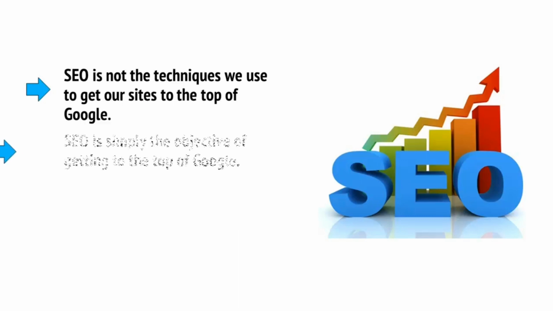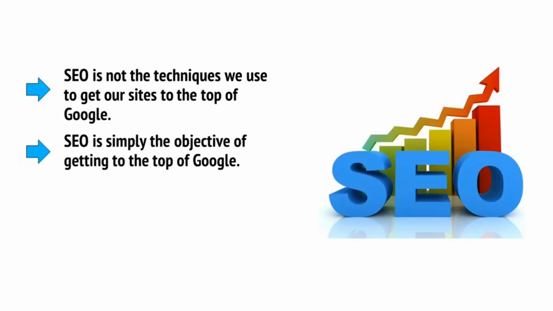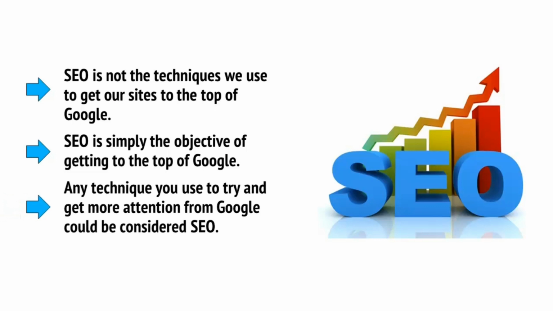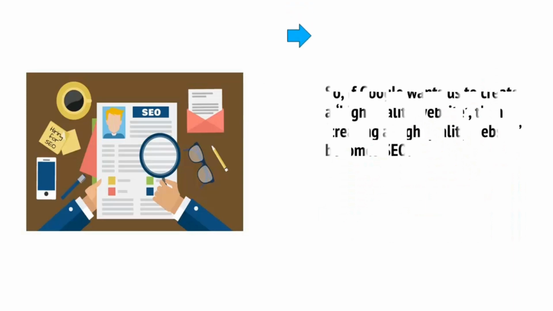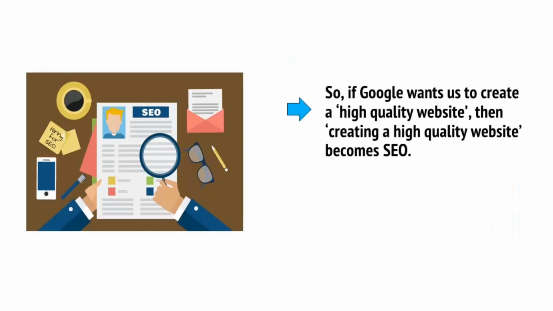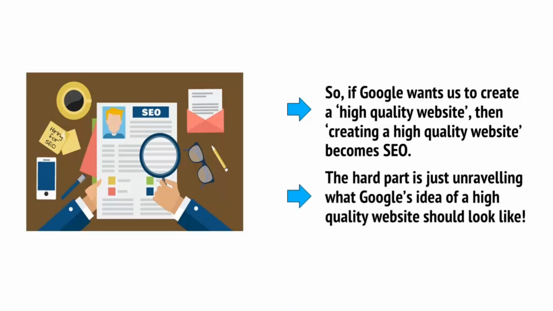SEO is simply the objective of getting to the top of Google. Any technique you use to try to get more attention from Google could be considered SEO. So, if Google wants us to create a high quality website, then creating a high quality website becomes SEO. The hard part is just unraveling what Google's idea of a high quality website should look like.